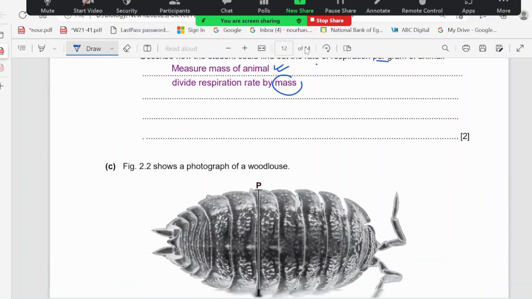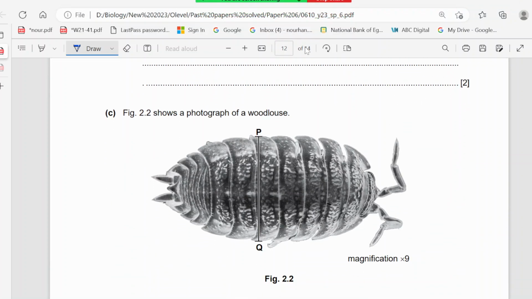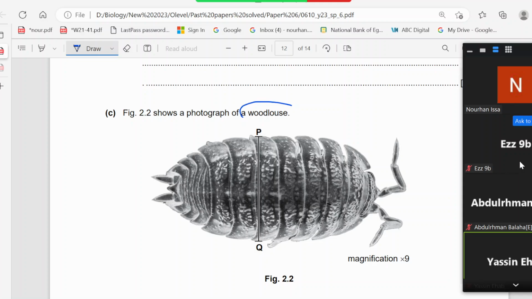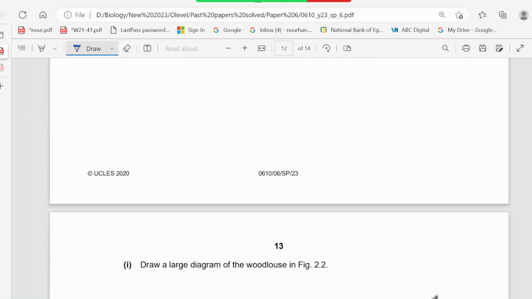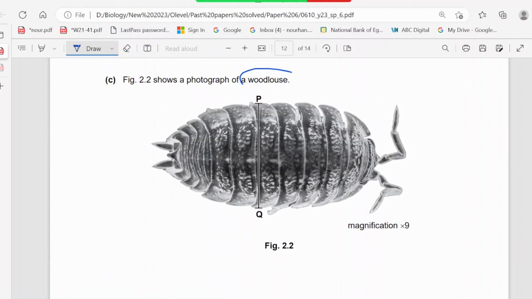Okay, the last question, the drawing. It shows a photograph of a wood louse. Of course, it wants you to draw it. So how will I draw it? First I have projections here, two projections here and two projections here, so I must pay attention to them. Then the segments 1 2 3 4 5 6 7, and 8 9 10 are small.